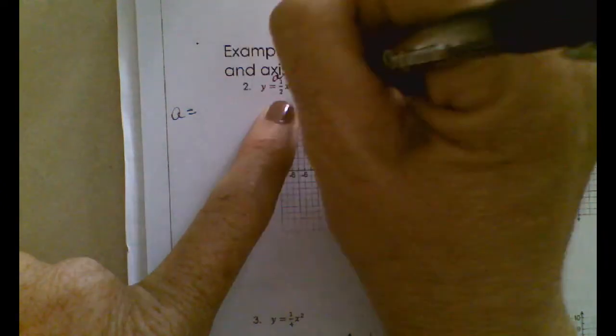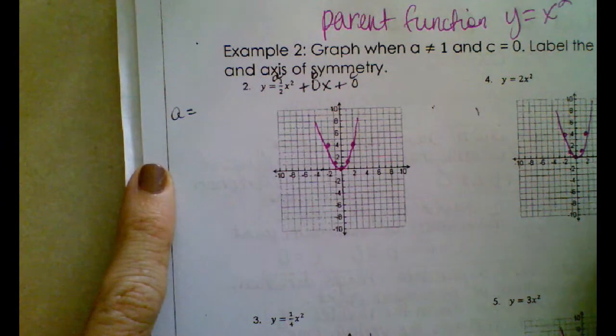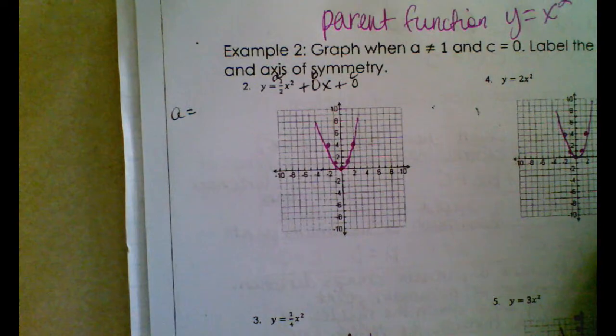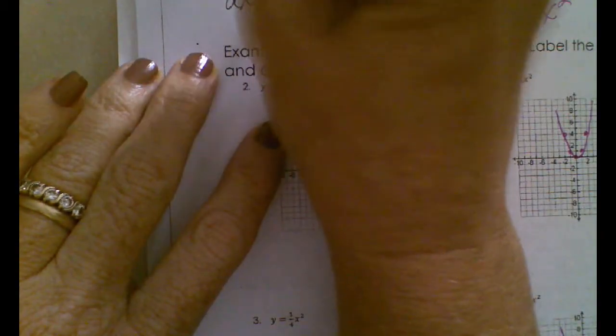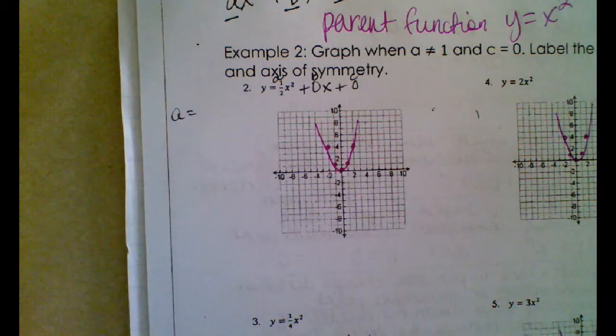Here's my A, here's my B, here's my C. It's that number that goes in front of the x squared. So ax squared plus bx plus c. Remember, these are all just numbers. There's no calculating. Just tell me what you see. So 1/2 is my A.